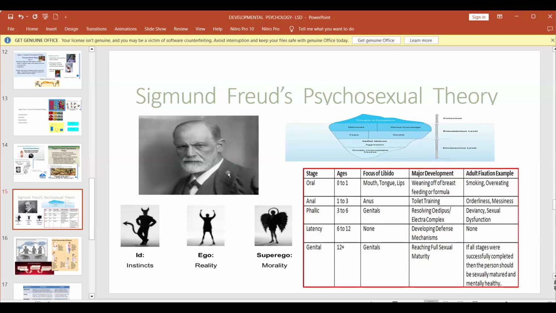Second one, the 3 parts of our personality. Third one, stages of personality development. So first take the parts of the mind, second the parts of the personality, third the stages of development.